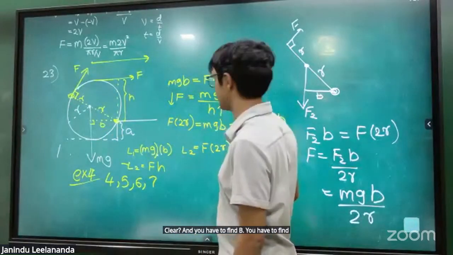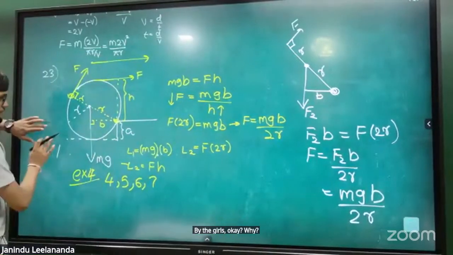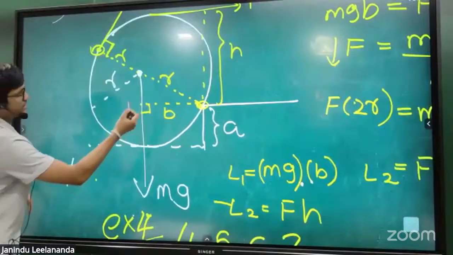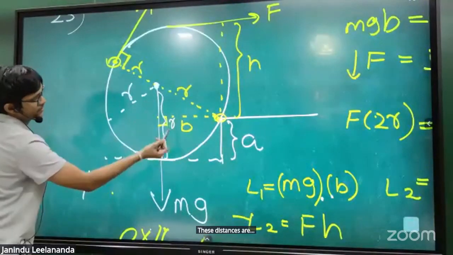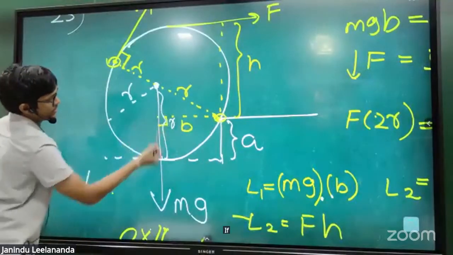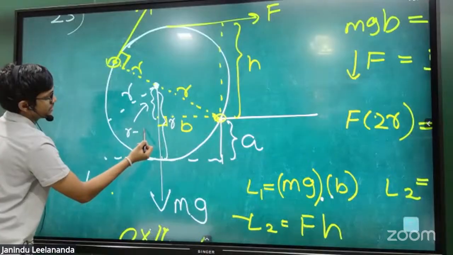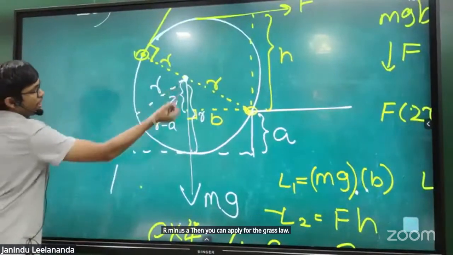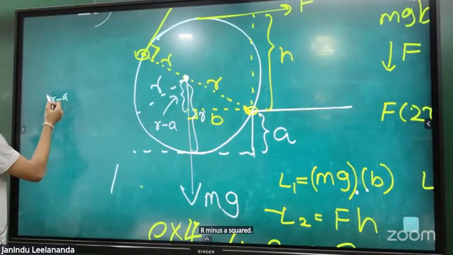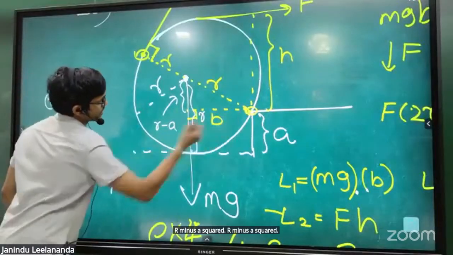How can you find B? Pythagoras. Okay? Why? This distance is R. This height is A. If this height is A, if this is R, then this is R minus A. Then you can apply Pythagoras law.